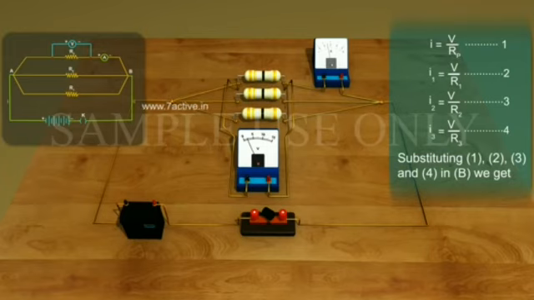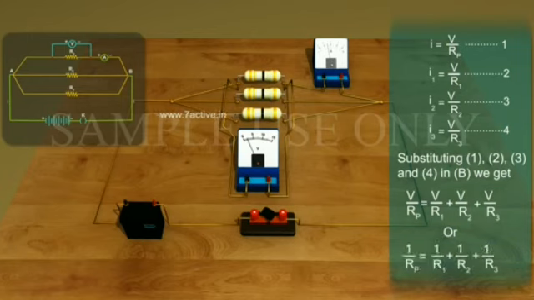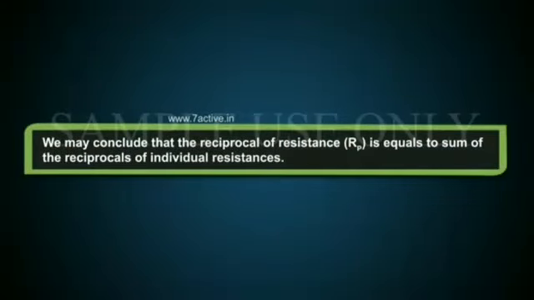Substituting these values, you will get I is equal to I1 plus I2 plus I3, that is V by Rp is equal to V by R1 plus V by R2 plus V by R3. V is common, so cancelling that, you will get 1 by Rp is equal to 1 by R1 plus 1 by R2 plus 1 by R3. So we can conclude that the reciprocal of resistance is equal to the sum of the reciprocal of individual resistances in the case of parallel combination.